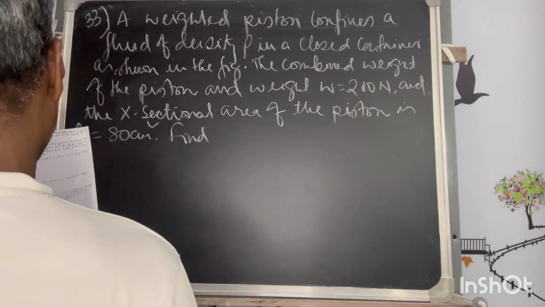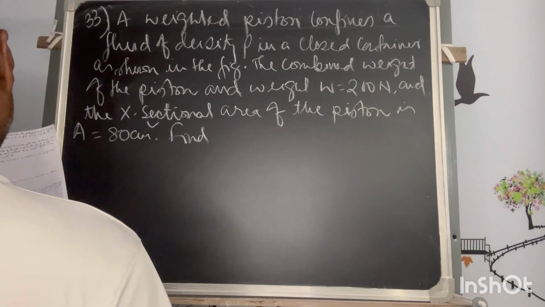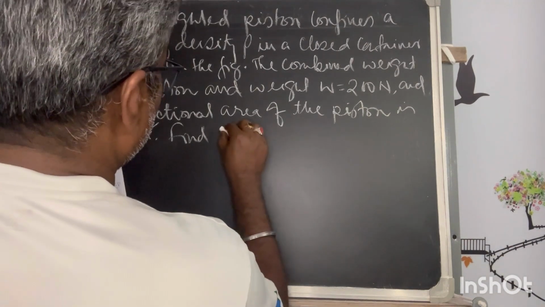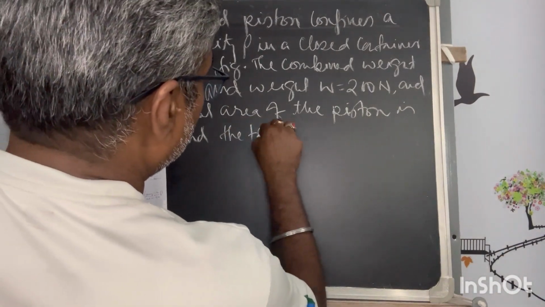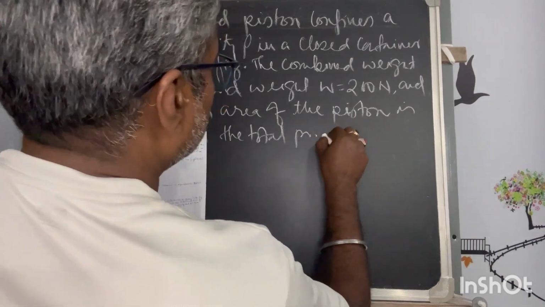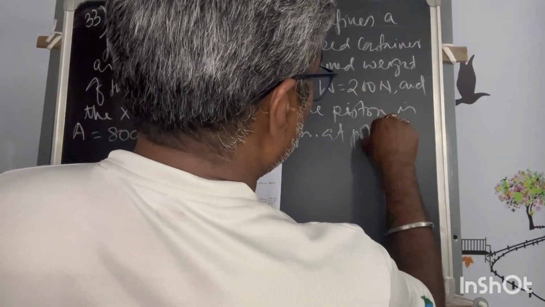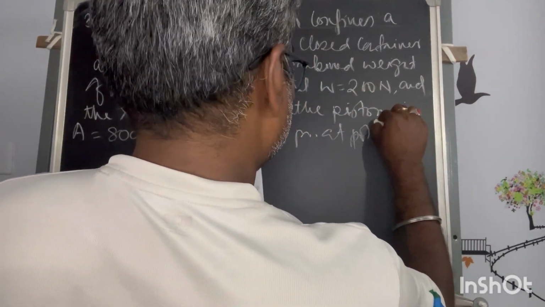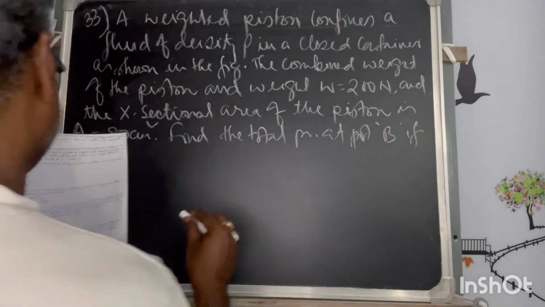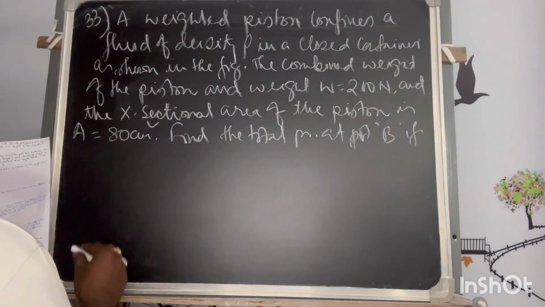Find the total pressure at point B if the fluid is mercury.